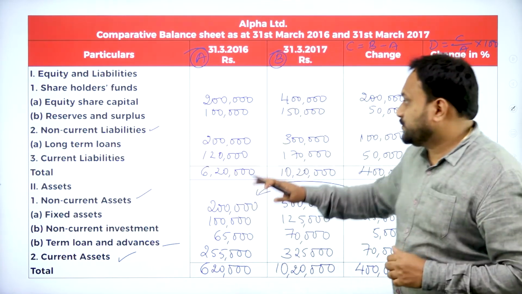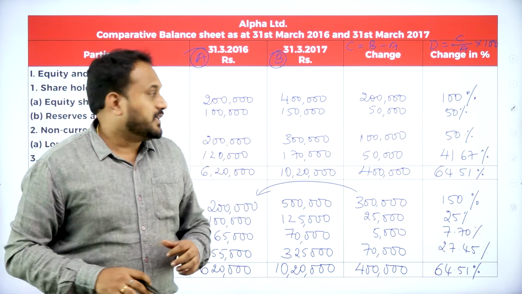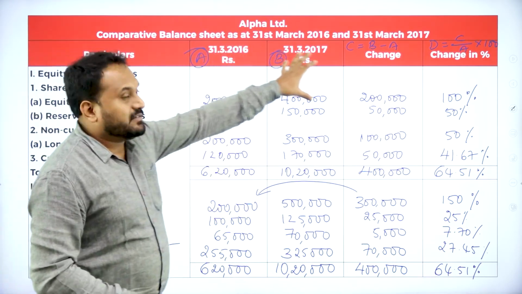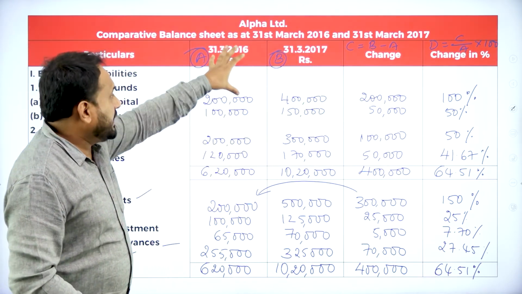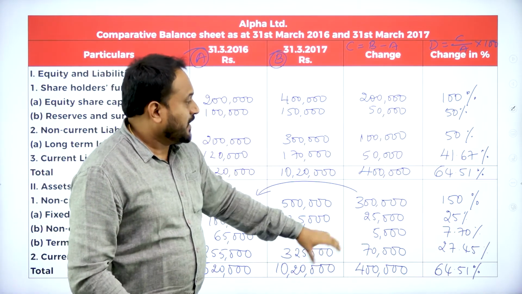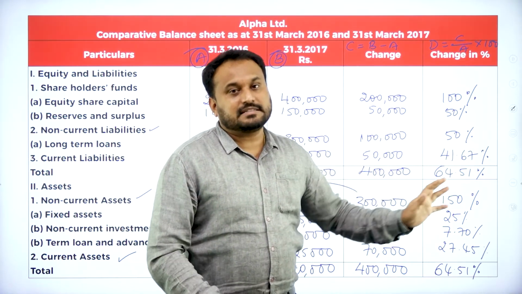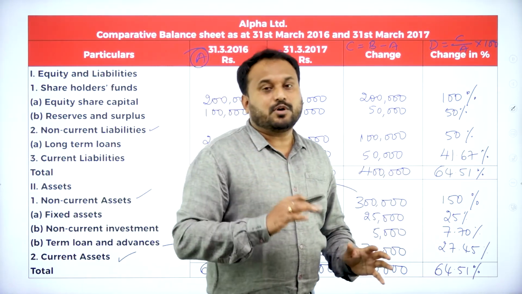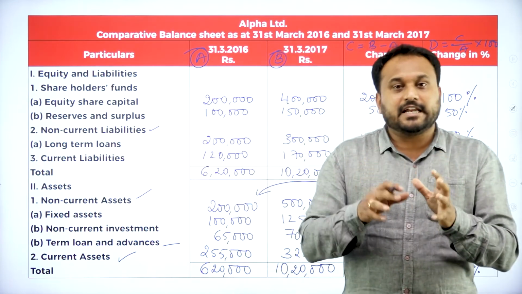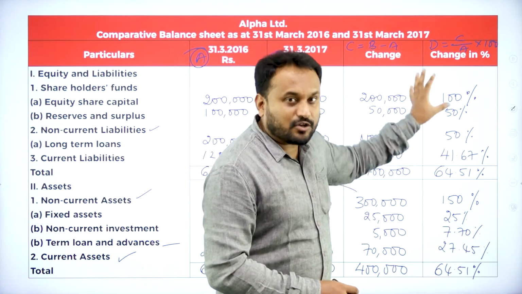For that, see, this is what we got. We have the entire comparative statement here. Now, in the common size statement, these two will be the same, only these two will change. That is what the common size statement is. Now here I'll delete the last two columns. Let me erase here.